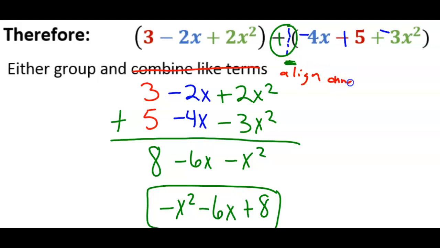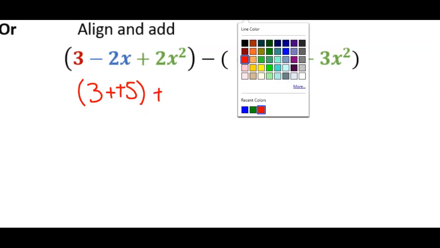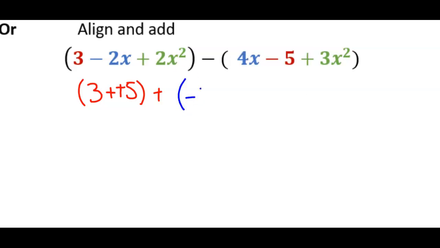Sorry. And then over here, we'll combine like terms. I apologize. So I would have 3 minus negative 5. If I don't change that, which would change that to plus. Okay? Plus negative 2x minus 4x.